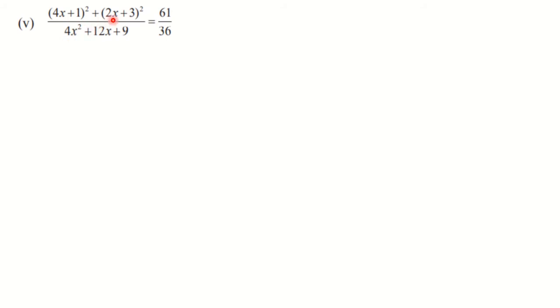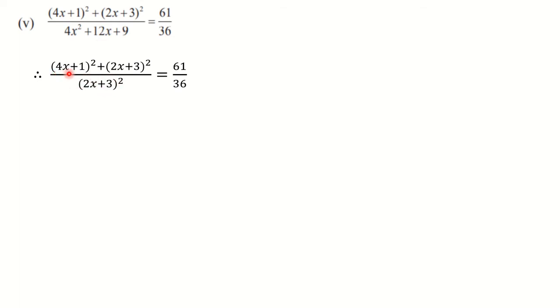See, 2x square is 4x square, 2 into 2x is 4x and 4x into 3 is 12x, means 2ab, and 3 square is 9. That means the denominator is the expansion of this bracket. So in place of this expansion, we can write down that perfect square.